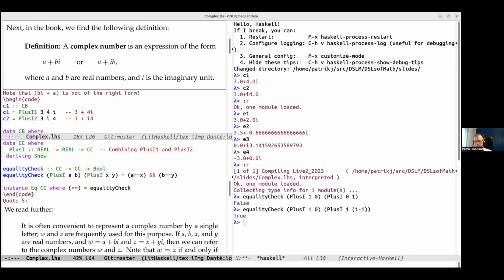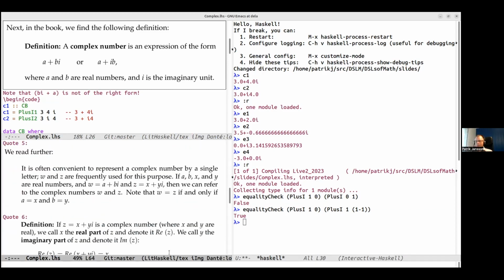Okay, we move on. It's often convenient to represent a complex number by a single letter. W and Z are frequently used for this purpose. Now, this first sentence is a little bit strange here. I mean, of course, it's convenient to represent a complex number by a single letter. We can represent functions by a single letter, real numbers by a single letter. Anything in mathematics can be abbreviated to a single letter. It has nothing to do with complex numbers.